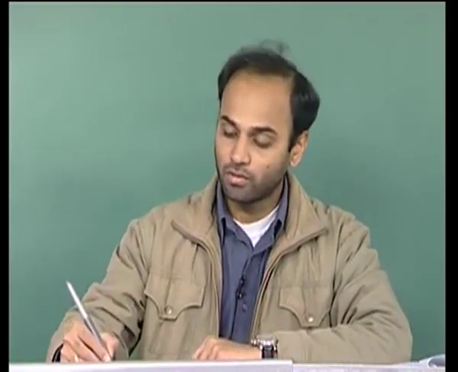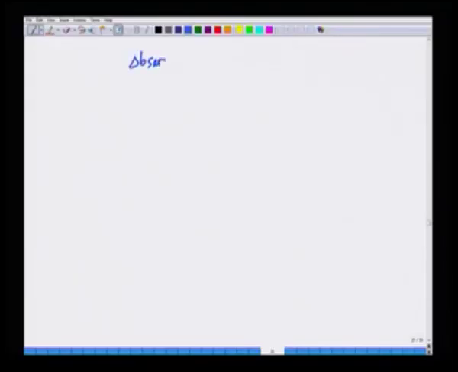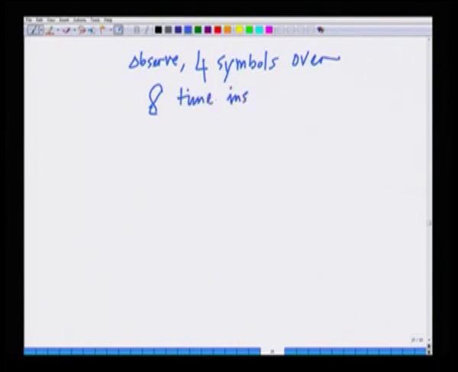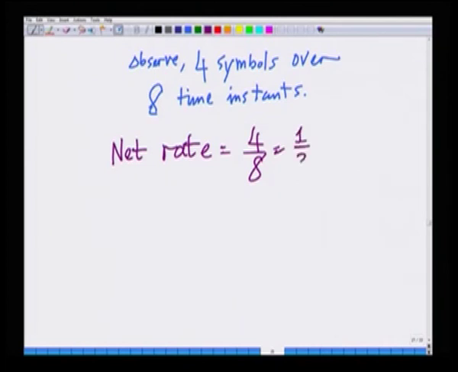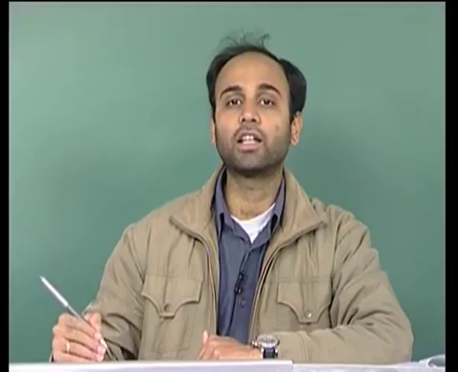So, first observe 4 symbols over 8 time instants. Hence, the net transmission rate equals 4 by 8 equals half. Hence, this is a rate half transmission code.